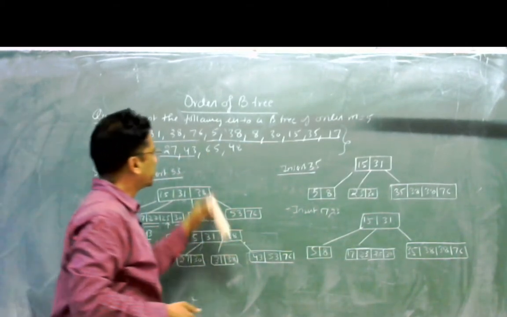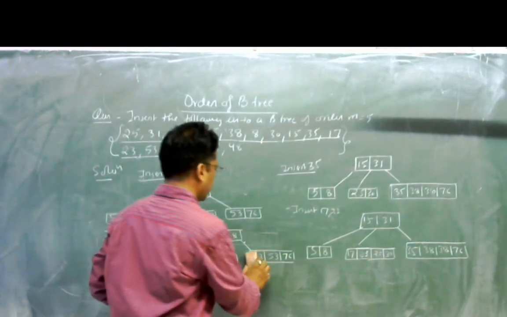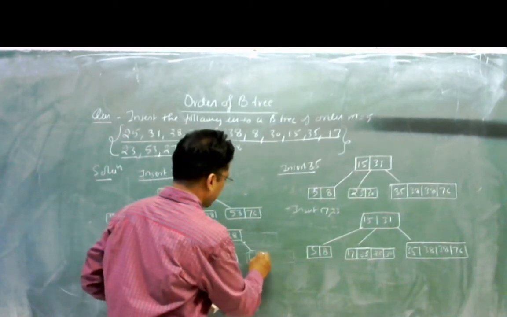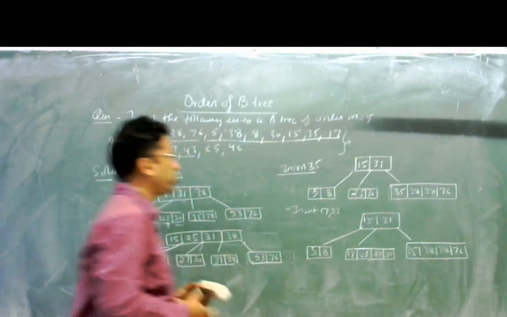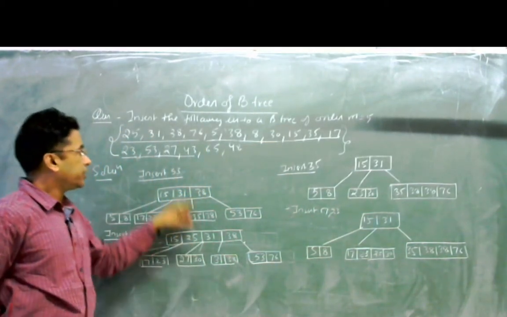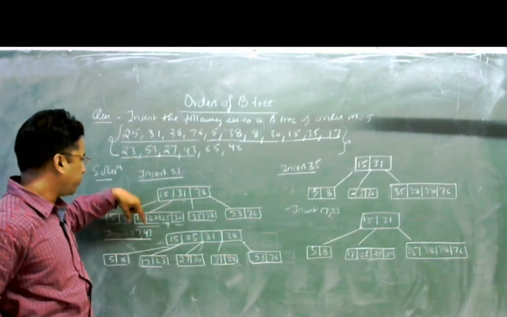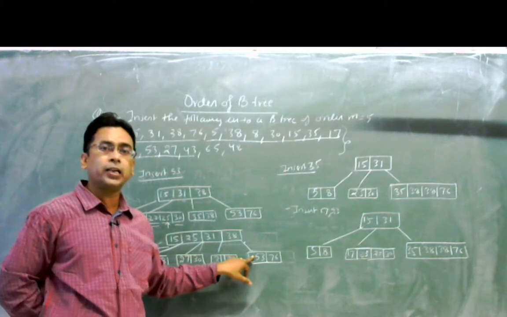When we try to insert 65, then sorry, one second. 53 and 76. Here you have to pay attention that when we try to insert 43, we cannot directly insert at this position.